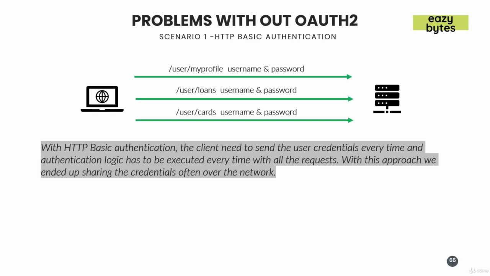At the same time, this will also force the backend application to execute the authentication logic unnecessarily for each and every request coming from the client. And most importantly, we end up sharing the client credentials over the network unnecessarily with each request between the client and the server. These kinds of issues can be avoided by leveraging tokens like JWT or session IDs that we have looked at in the previous sections.